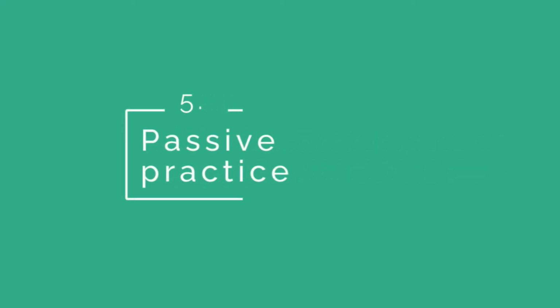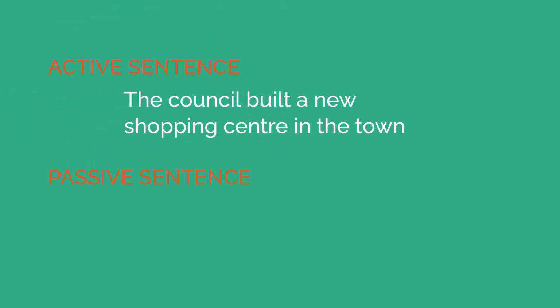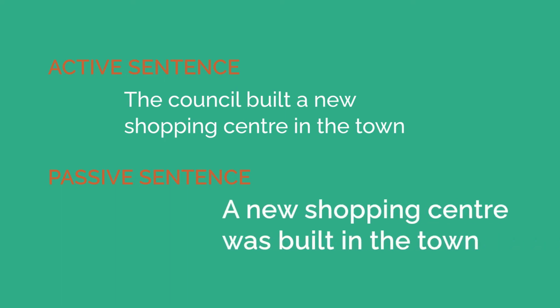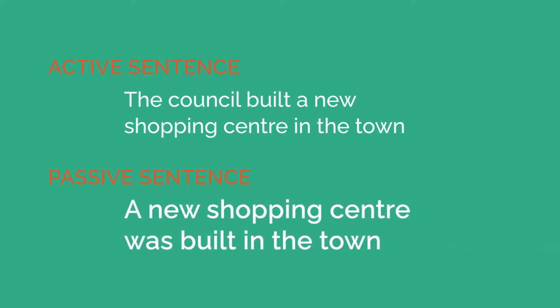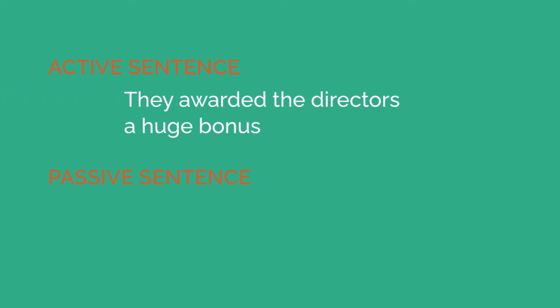So to finish up, let's do a bit of practice and build some sentences together. The council built a new shopping centre in the town. A new shopping centre was built in the town. They awarded the directors a huge bonus.